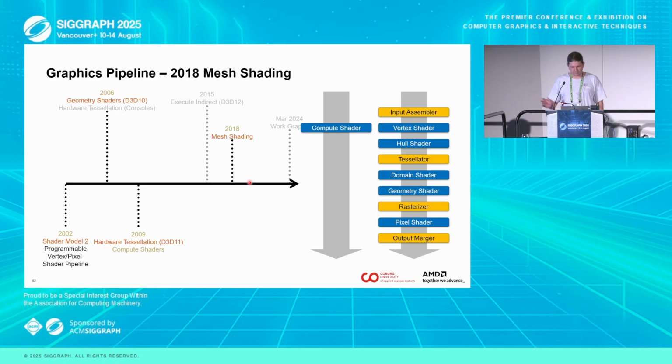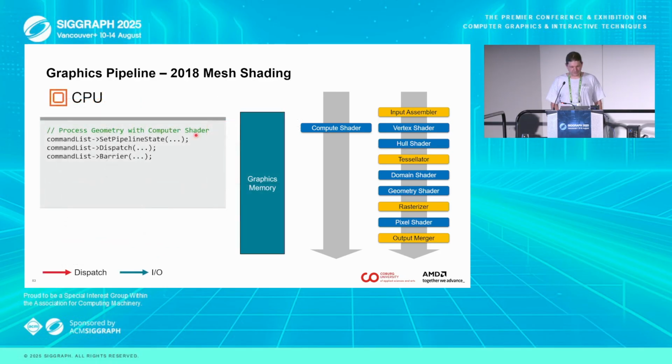It works great, for example, for subdivision surfaces. And a little bit more sophisticated or more flexible in a way is mesh shading in 2018. This is also very important for work graphs, because mesh shading is effectively a part of work graphs. So what does mesh shading solve?